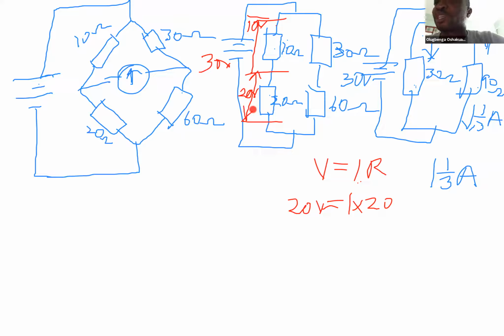So let's look at what will happen at the other set of resistors, that is 30 ohms and 60 ohms. In this route, let me use another color for that. A current of 1 over 3 ampere flows here, while we know that the current that flows through this place is 1 ampere.